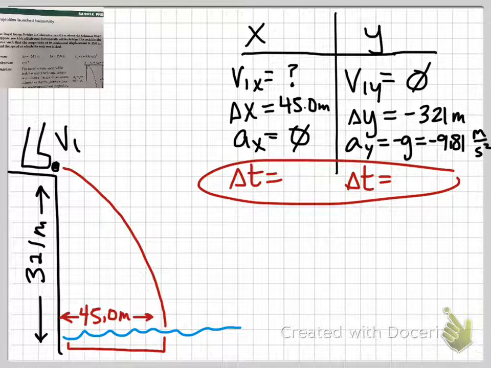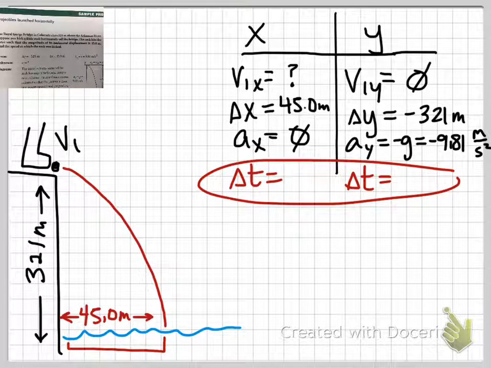It took me a long time to really understand that. Time forms the bridge between the two axes here because there is not time on the x and time on the y. Time is happening at the same rate on both axes, and therefore it is the thing that we use to connect the axes.